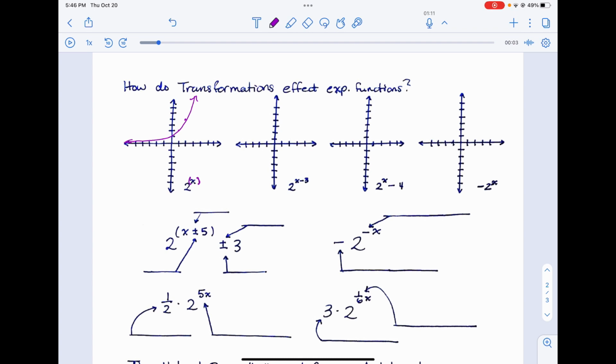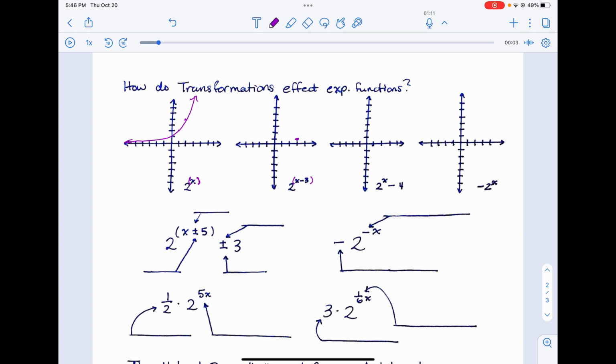So if I look over here, my parentheses are basically around this x minus 3 portion. So that minus 3 is working on the inside of our parentheses, and what that's going to do is shift our graph 3 units to the right. So instead of going through 0, 1, we go through 3, 1.